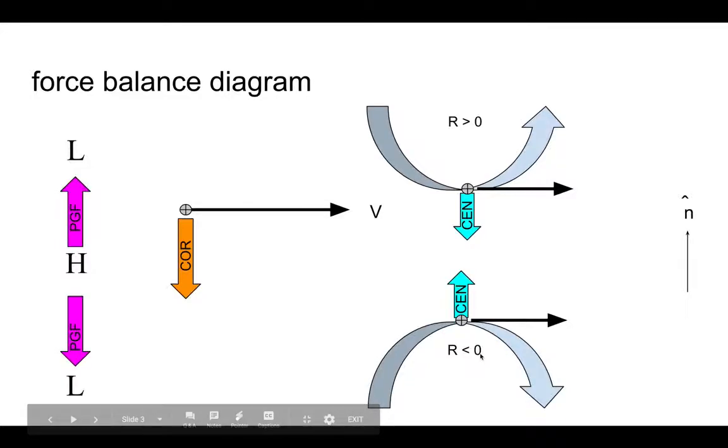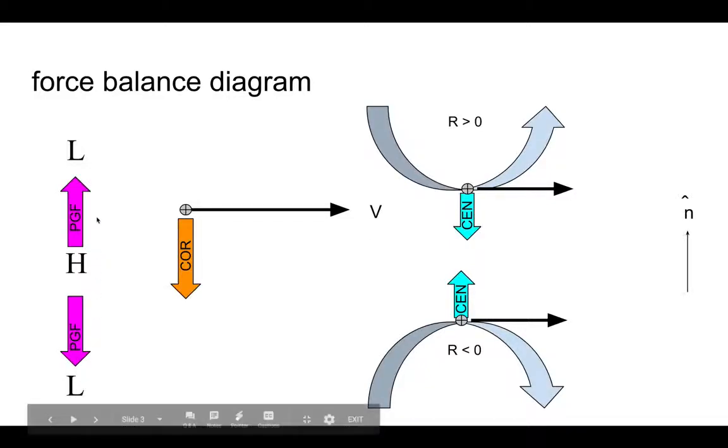So I'm going to use these symbols and colors to denote these different forces or accelerations when we look at these terms as a force balance diagram. So the pressure gradient force is going to act from high to low.